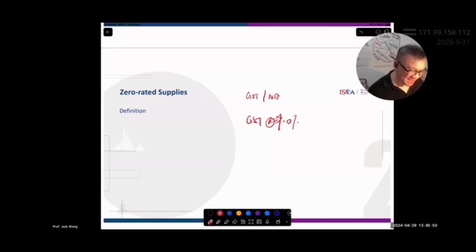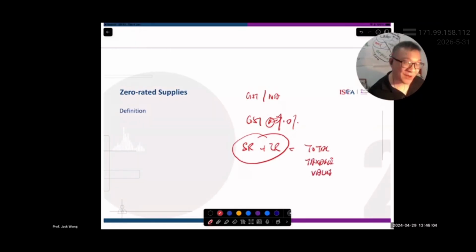In Singapore, standard rated supply and zero rated supply combined are known as total taxable supply, and that is the amount for you to determine whether you have to register. The $1 million threshold is the annual value of your total taxable supply, which means both SR and ZR.